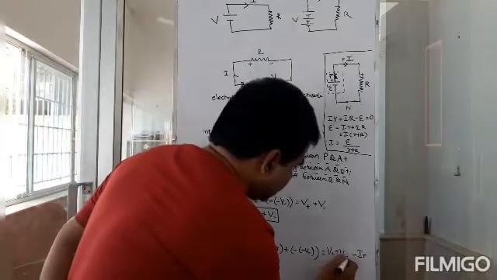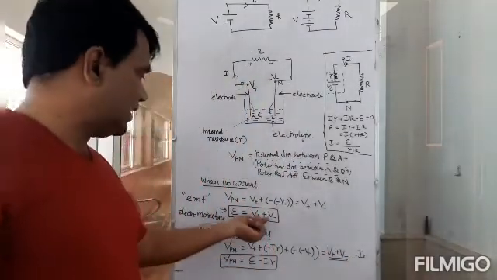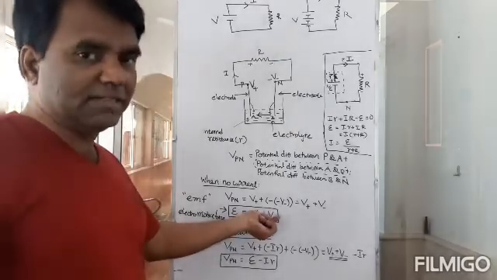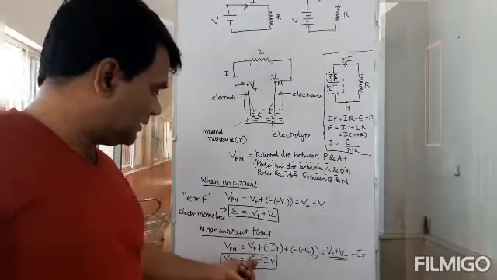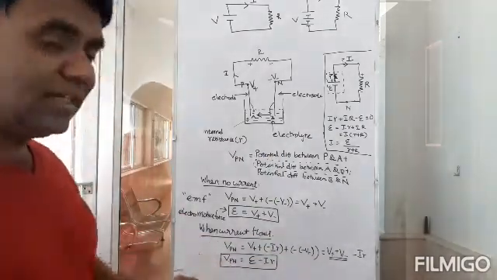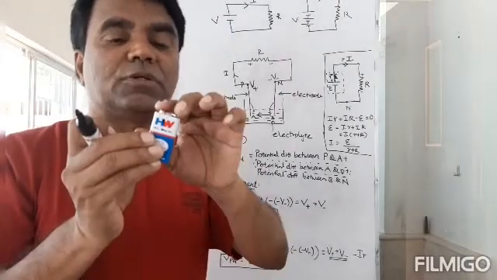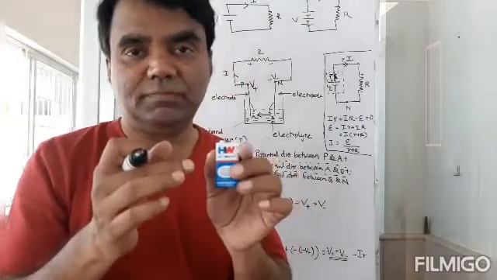Okay. So this is E minus Ir. Previously you had V plus plus V minus, but here it is EMF minus Ir. So you will get a reduced potential across the terminal when current flows through a cell.